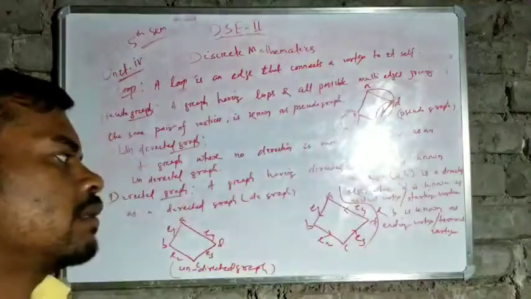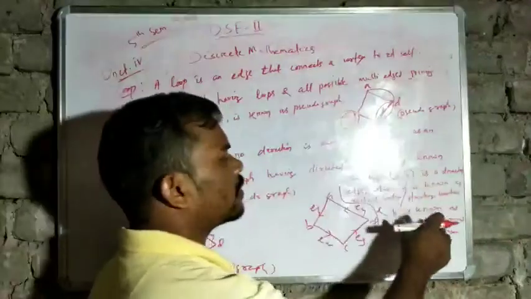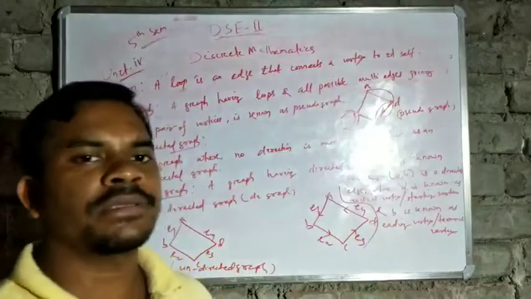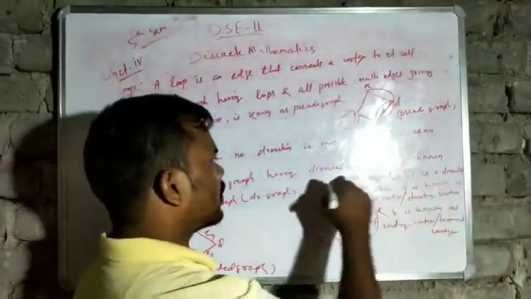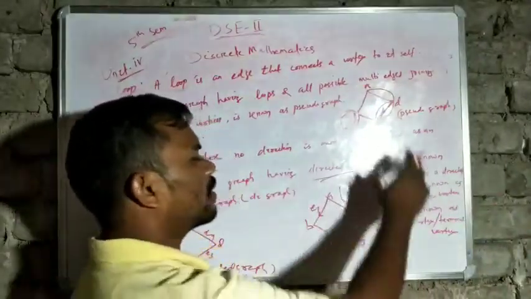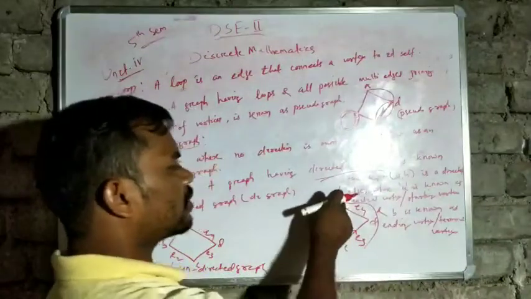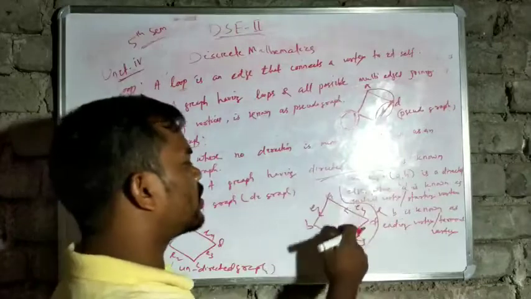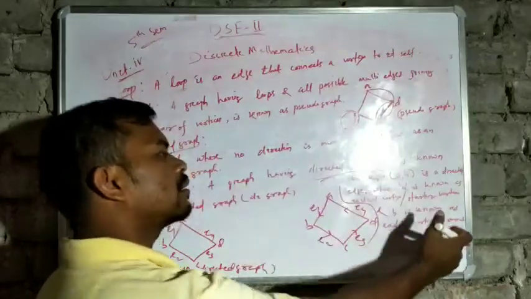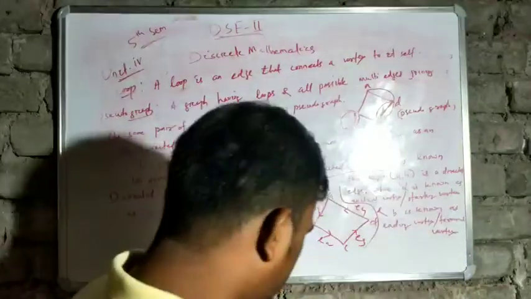Okay, what is an initial vertex and what is a terminal vertex? So for a directed edge these two terms are coming. Where the edge starts, it is a starting vertex or initial vertex. Where it ends is called a terminal vertex or ending vertex.